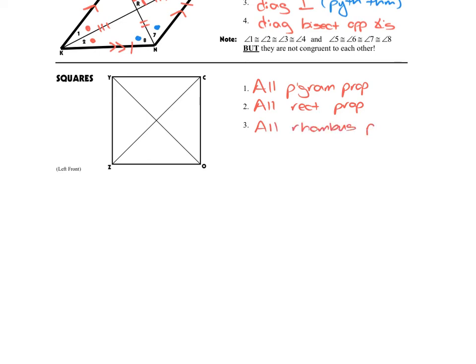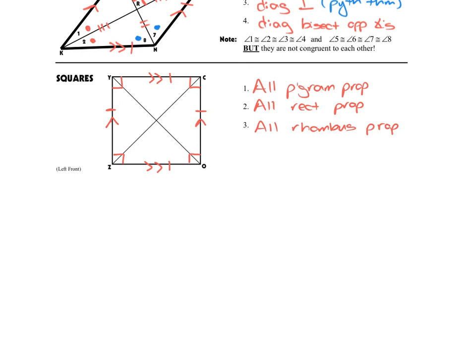Now, because of this, we can mark our square in a pretty particular way. We can mark our parallel sides just as we've always been doing. That part's not going to change for us at all. We can mark all the sides with a single tick mark because it's a rhombus, so all 4 sides are congruent. We can mark each of the corners as right angles because it's a rectangle.